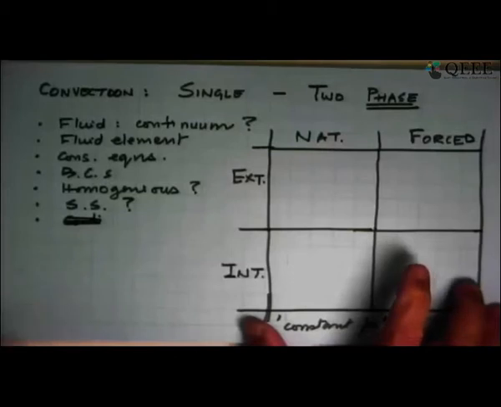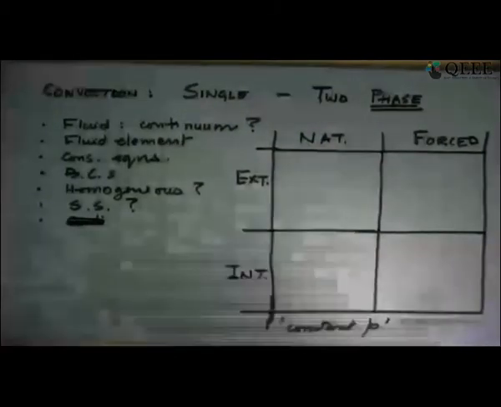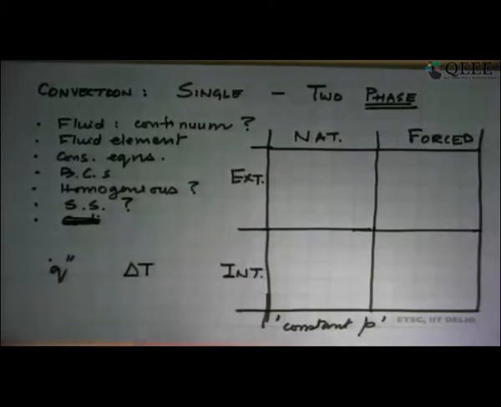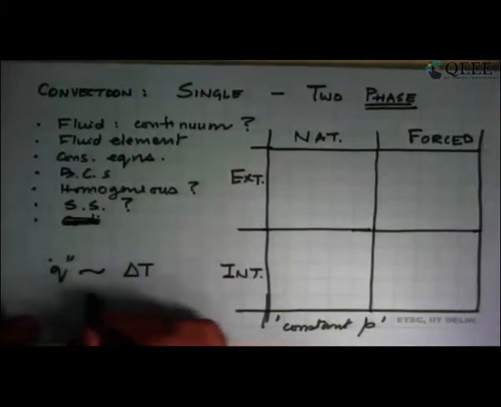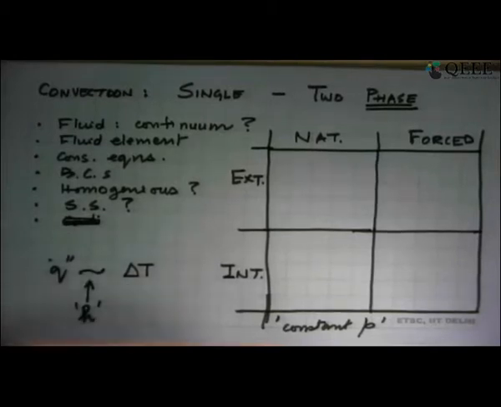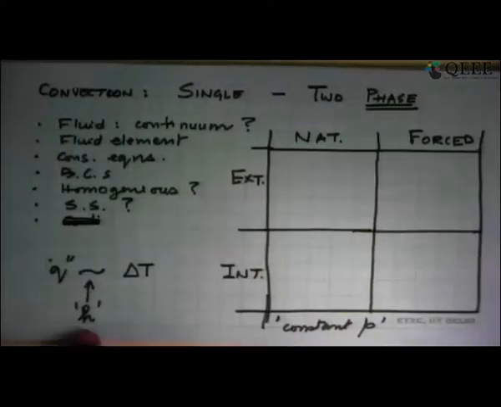And what we learned in all of this is finally the relation between the heat flux at the wall and a temperature difference between the fluid and the wall. And this relation got completed when we added the constant that equates these two, which is the convection heat transfer coefficient.